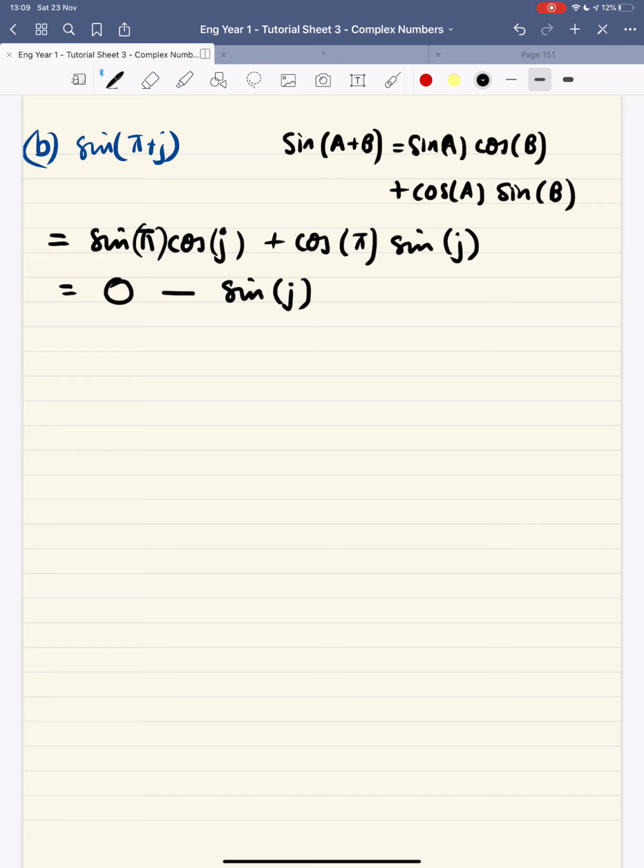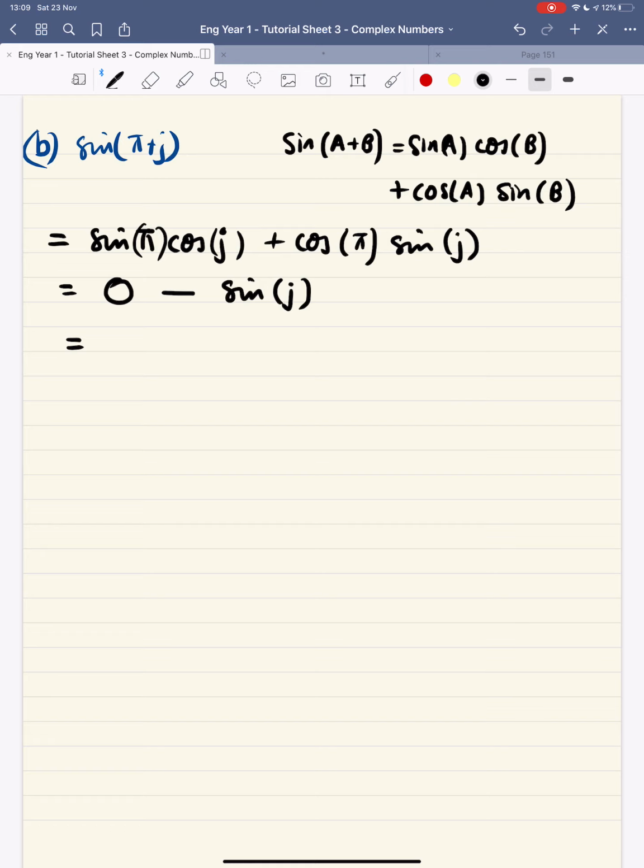And then sine j is j hyperbolic sine of 1.